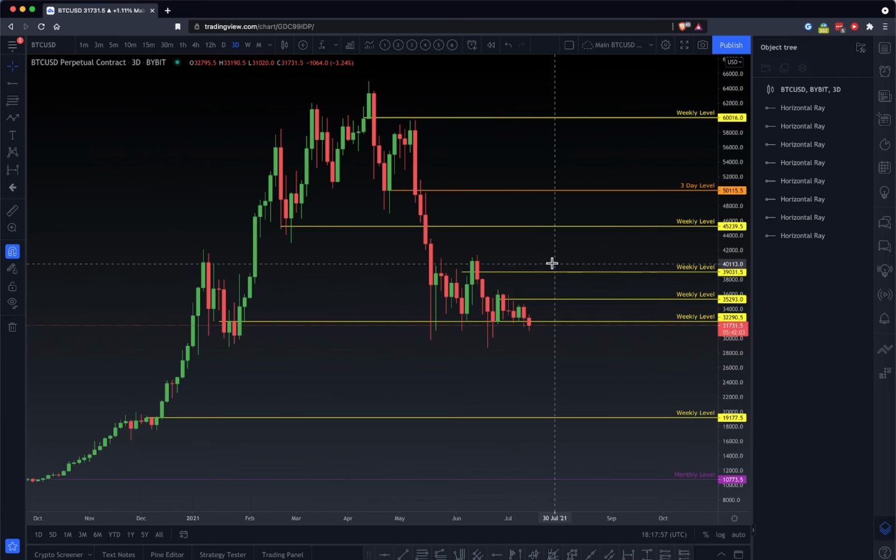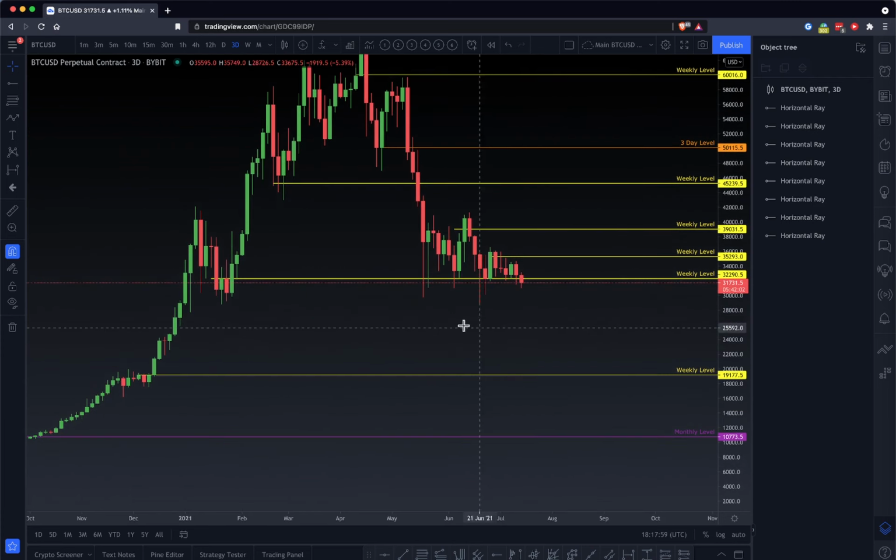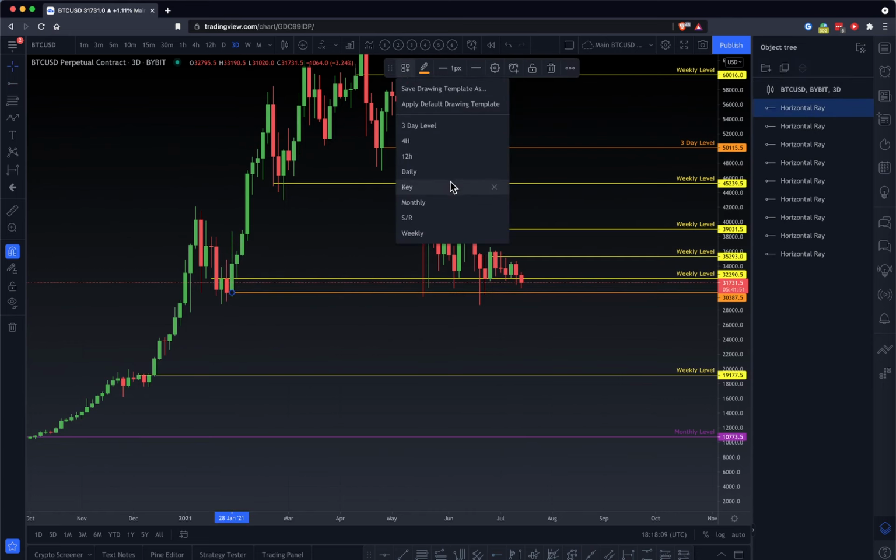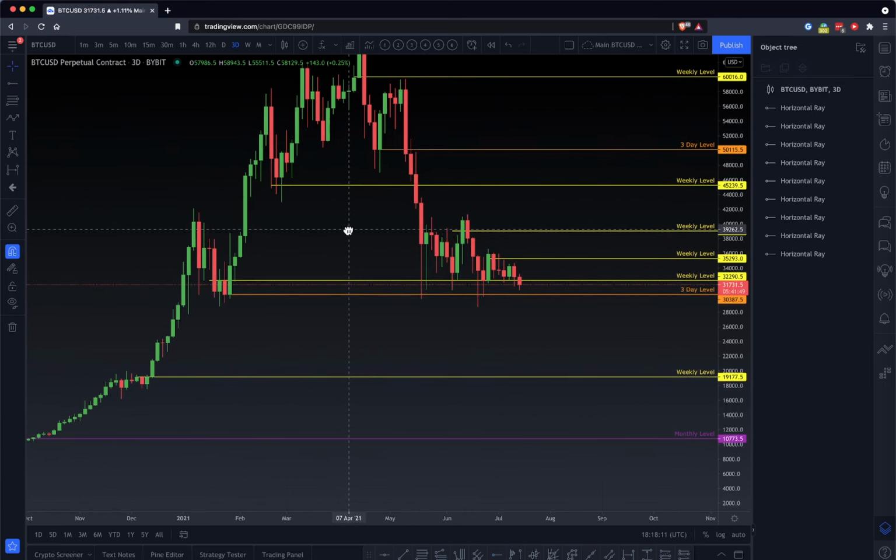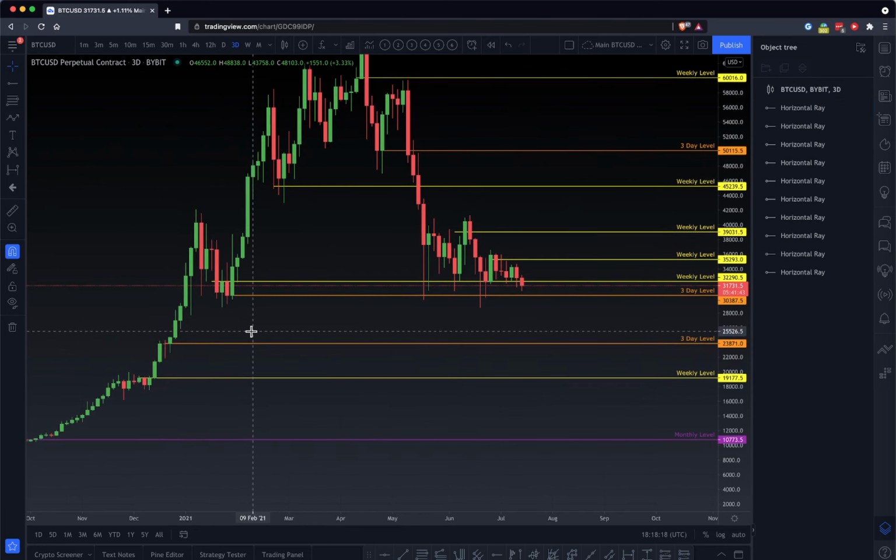Yeah, so we have lots of resistance above. Ooh, we have a 3-day level here at around 30k. Mark that out. Another one here, 23,800.